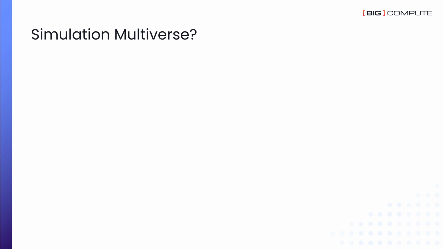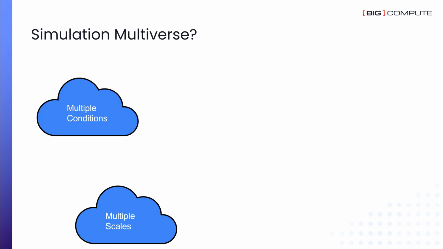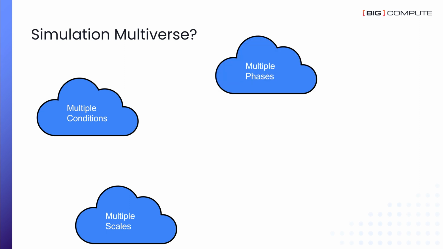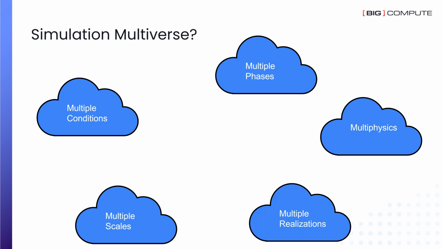I'm talking about the simulation of problems with multiple scales, both length and time scales, multiple conditions, meaning do we want to investigate how things depend on various properties, multiple phases, in this case, liquid, gas, or solid, multiphysics, simulating different physical phenomena together in one simulation, and multiple realizations, where we actually have behavior that requires that we run multiple simulations of the same set of conditions in order to extract statistical information.